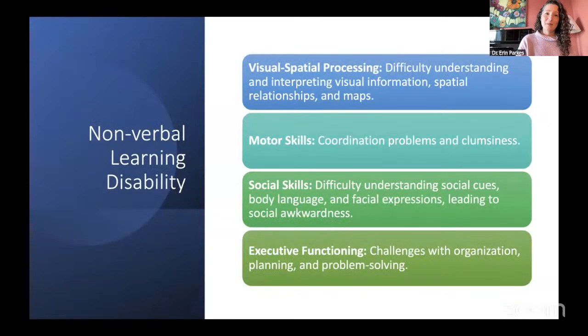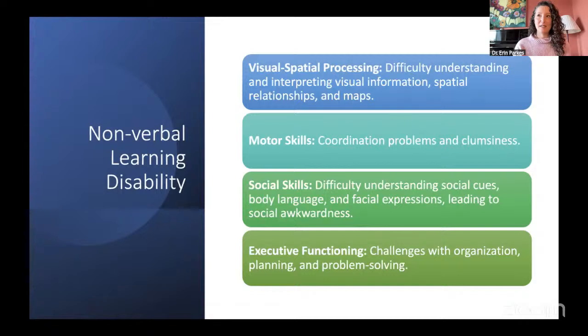Nonverbal learning disability, there's less awareness of this one, but it actually is not uncommon. And sometimes it's sort of related to autism because there are similarities for sure, but it's not necessarily as the diagnostic criteria is different, and autism is usually a little bit more severe in its presentation.